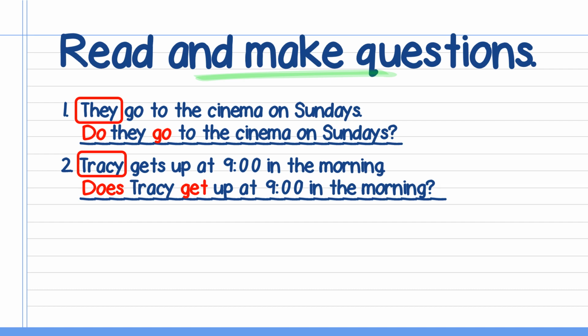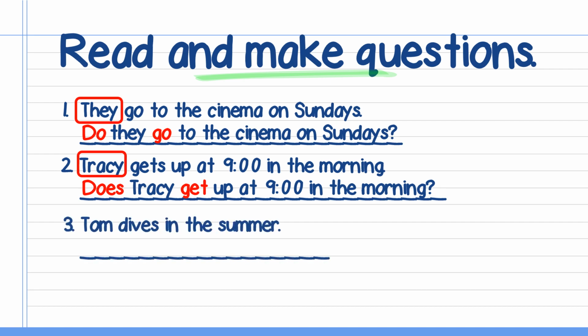Remember that I told you just now, in the question of the third person singular, the main verb doesn't take an S or ES or IES. So that's why we use get. We cannot use gets. Understand?